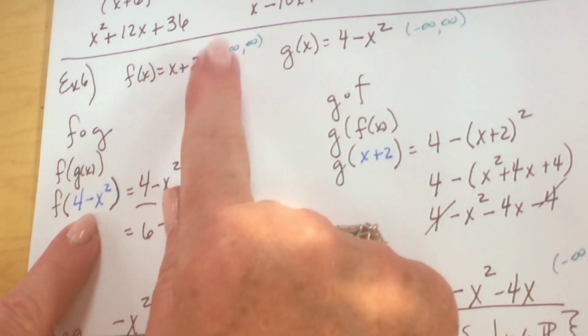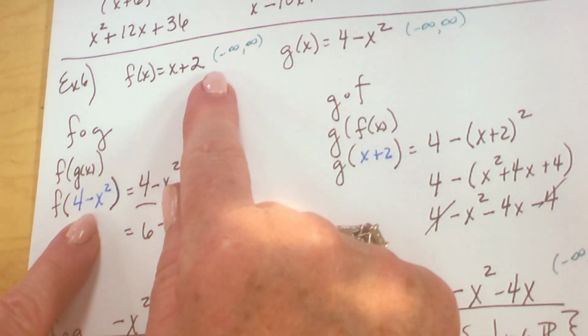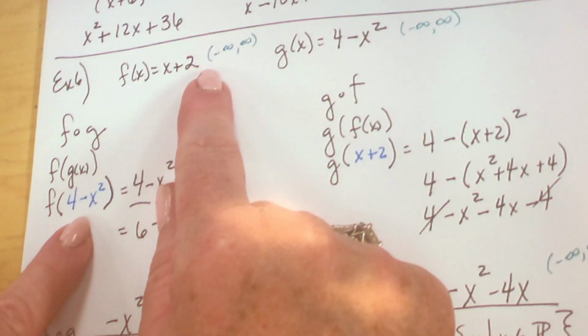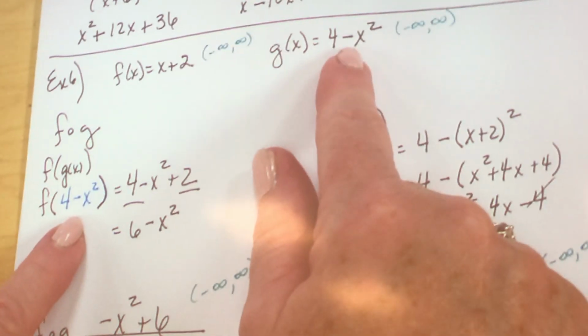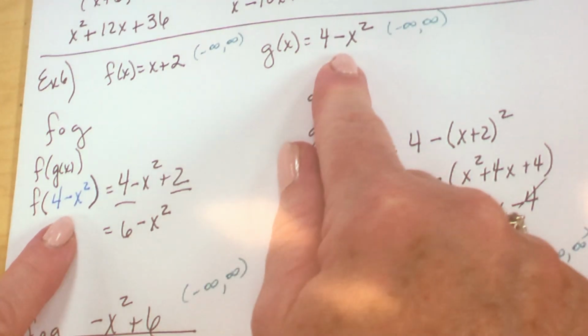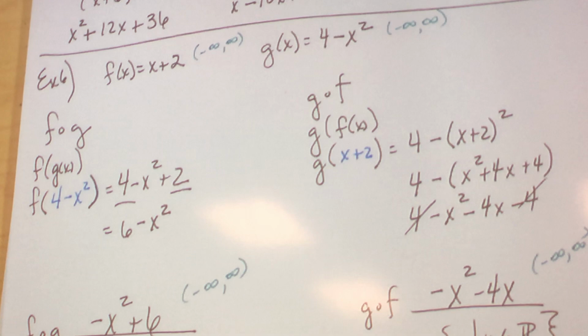What you do to one side, you do to the other side. So everywhere there's an x, I'm going to put 4 minus x squared. All I'm really doing is taking this function and plugging it in for this x, and then I'll take this function and plug it in for that x. I got it. All right, everybody okay?